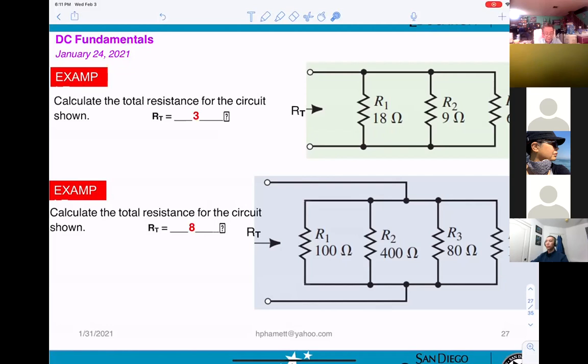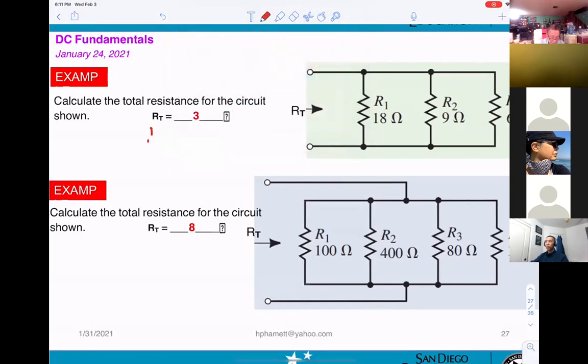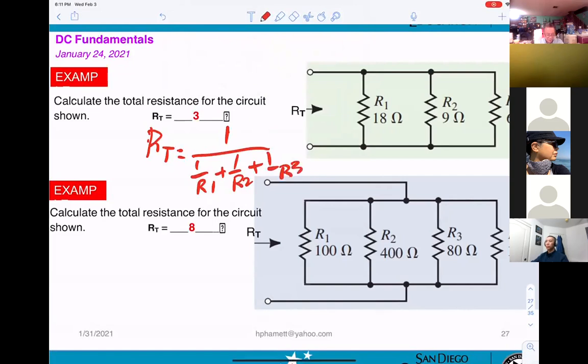That means you must use the formula: R total equals 1 over R1... Go ahead and try to see. I already have the answer here. Make sure your answer is correct.